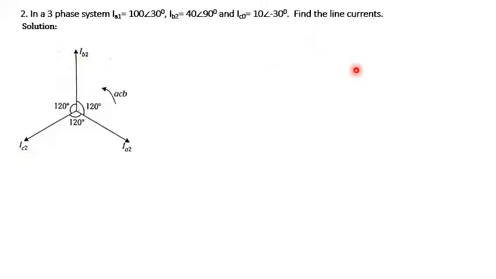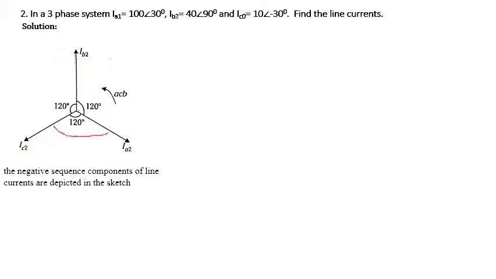Now let's talk about the negative phase sequence component of the line. Consider this is IA2. Next we should have IB, but because it is negative sequence, I should have the C term.